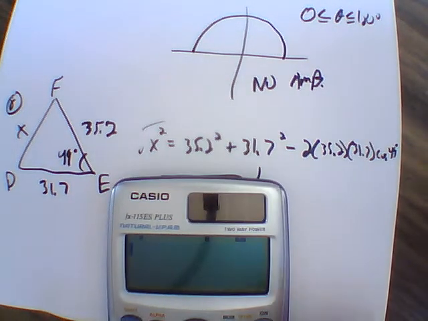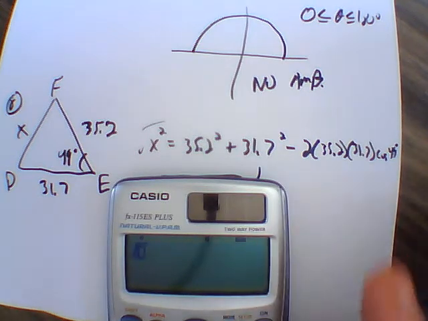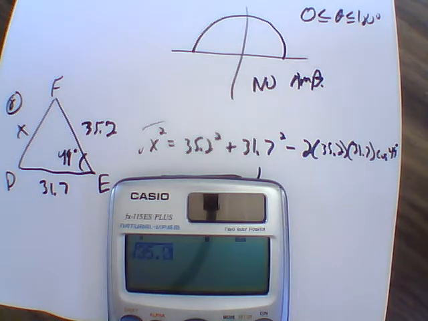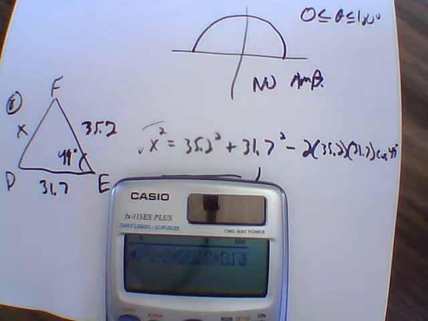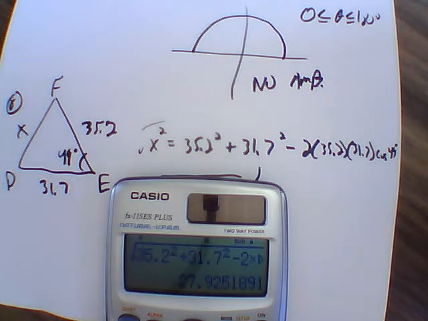Given the calculator I have right here, I'm going to take the square root of 35.2 squared plus 31.7 squared minus 2 times 35.2 times 31.7 times our cosine of 49 degrees. We do this and bam, we have our answer.